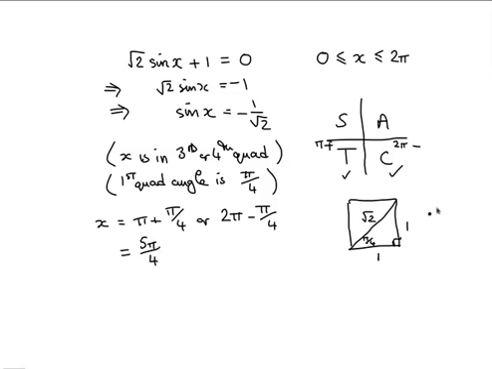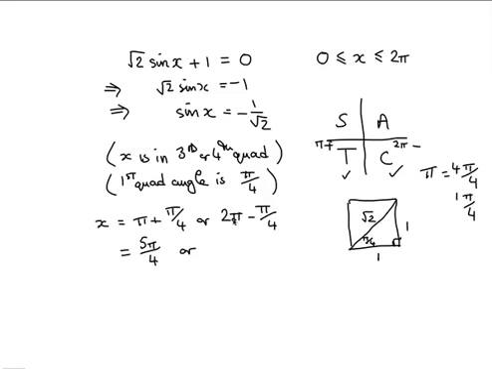If you're not sure what I did there, I'm writing pi as 4 lots of pi upon 4, and we're adding 1 lot of pi upon 4, which gives us 5 lots of pi upon 4. 5 lots of 45 degrees, basically.